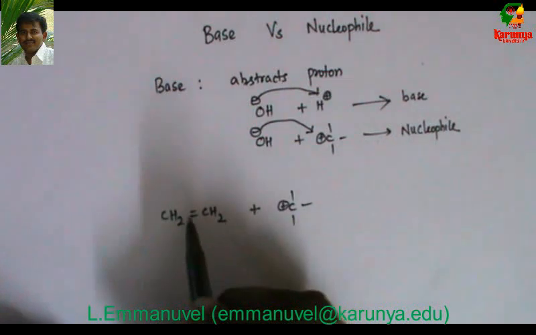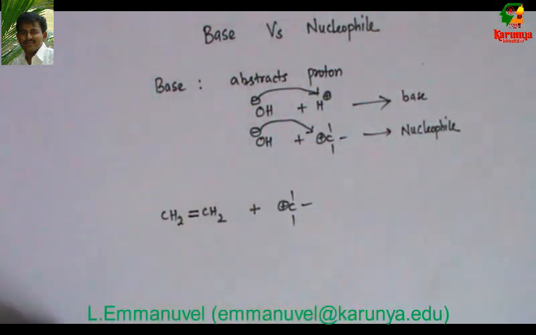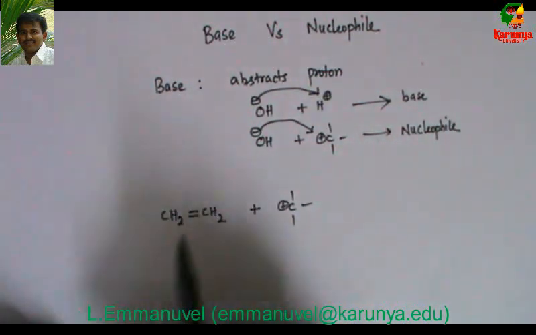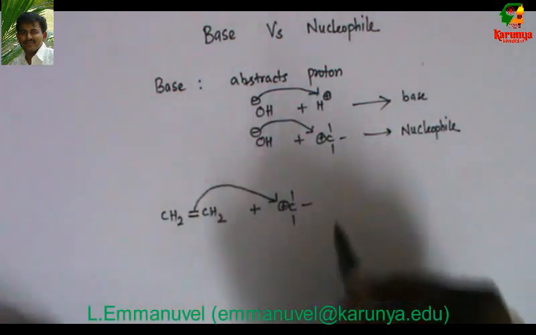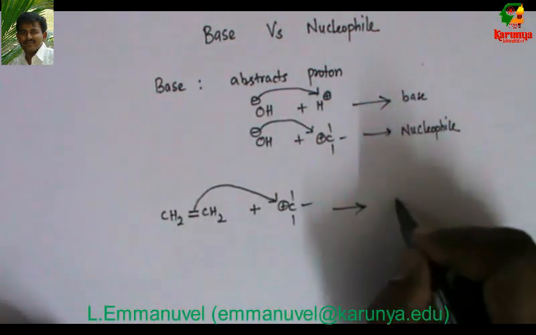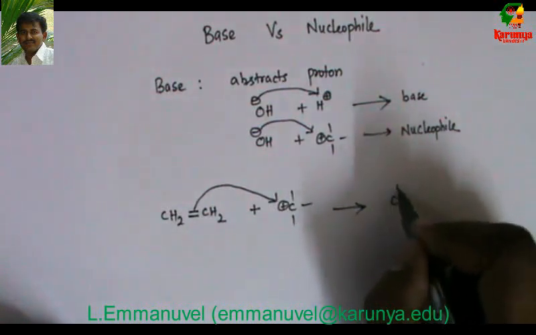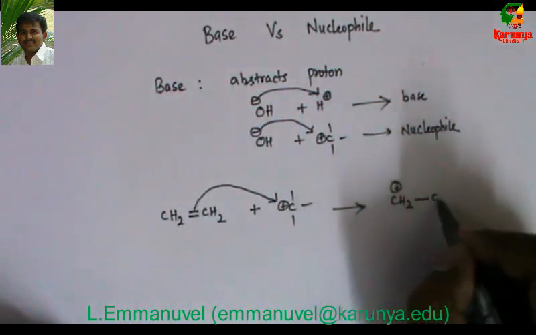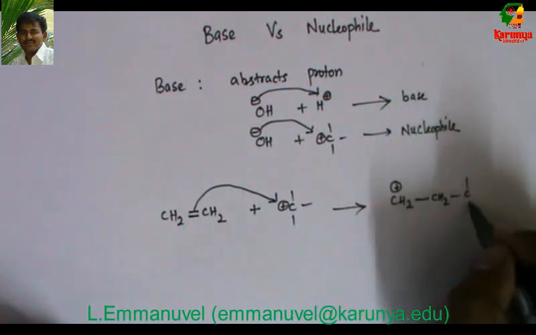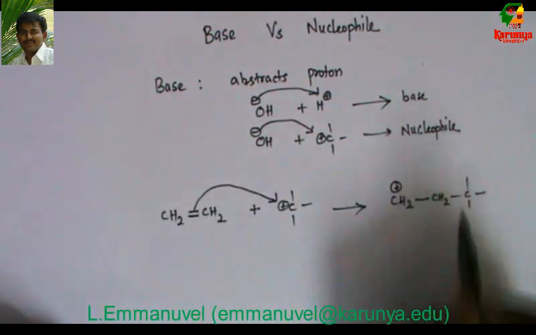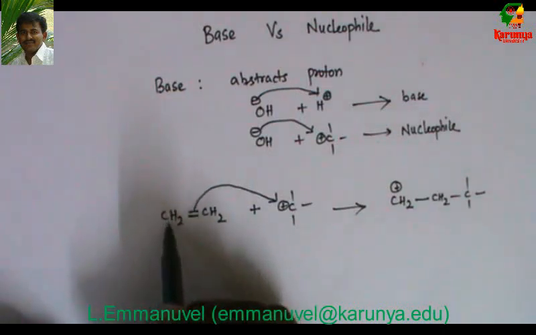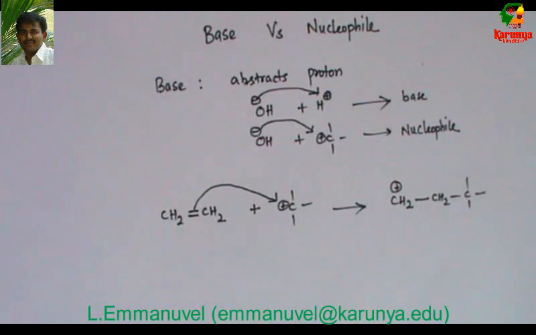What happens? So already mentioned, this is nucleophile, so it adds here. Because of that, what we get is CH2 plus here, and this bond has been used to make a new bond. Since the electron is lost from this carbon, we get a positive charge.